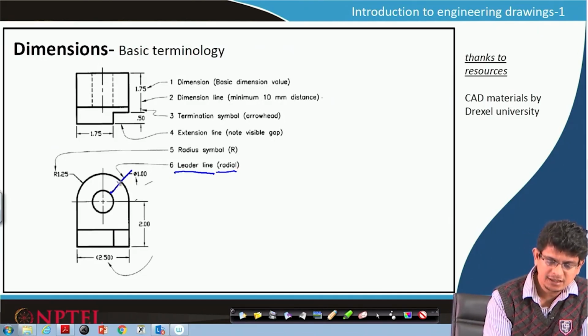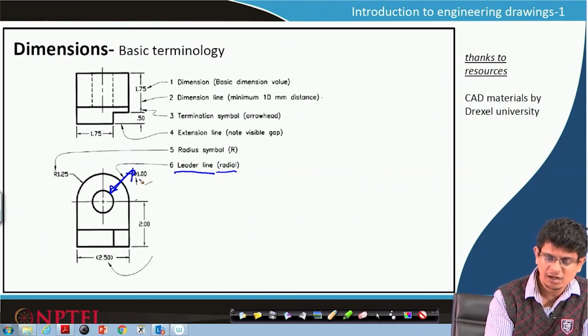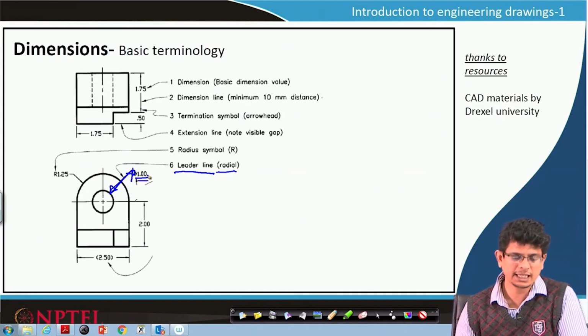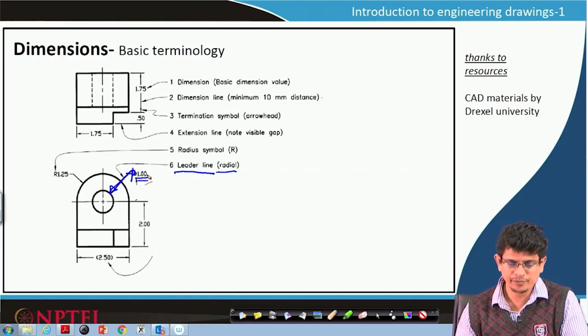So, we can see there is an arrowhead going in that direction, phi represents diameter symbol and 1.0 is that dimension value.